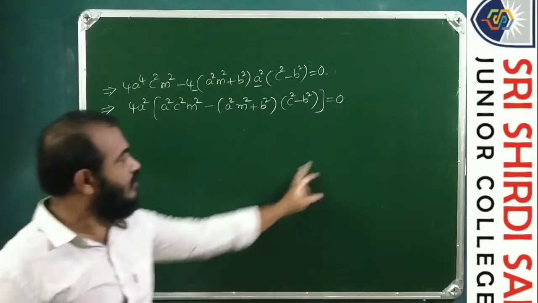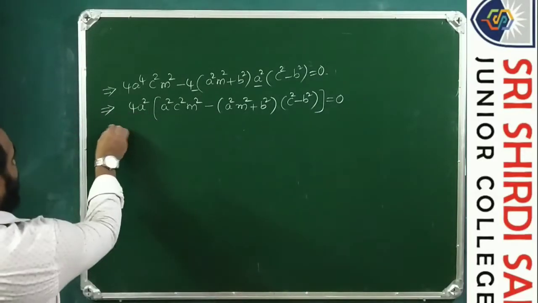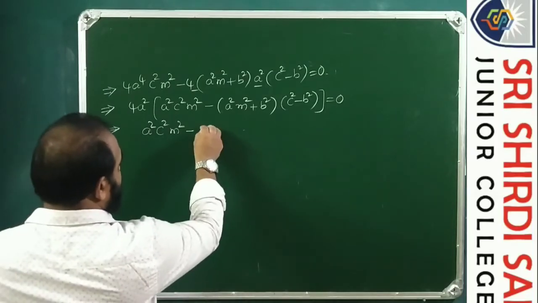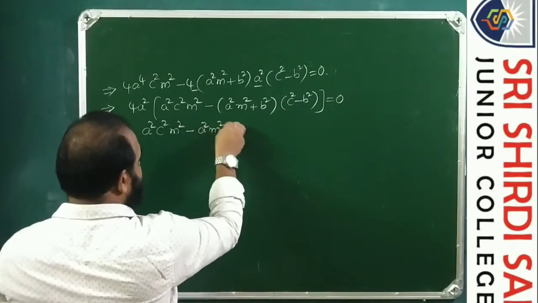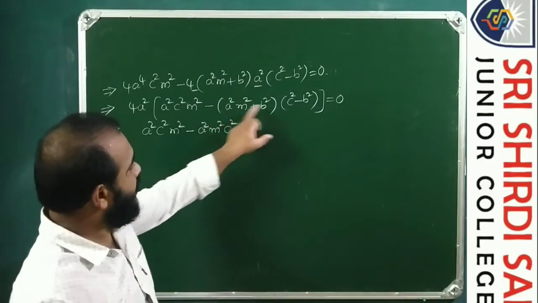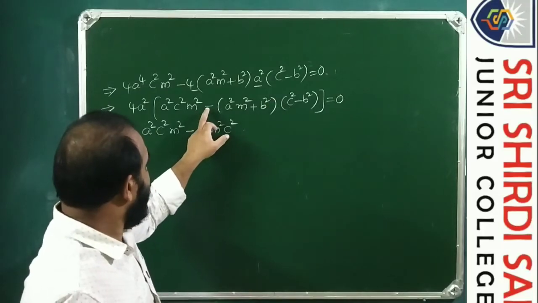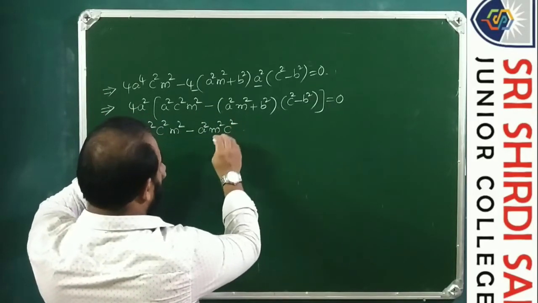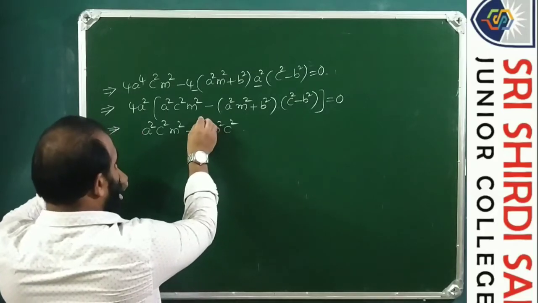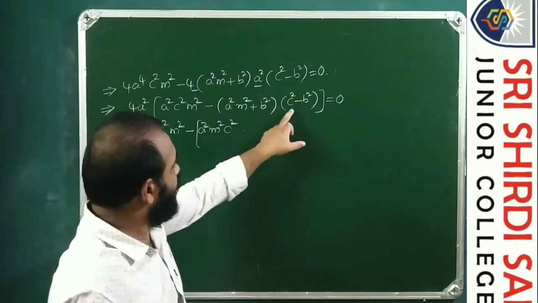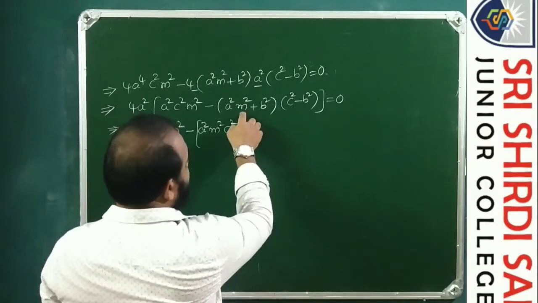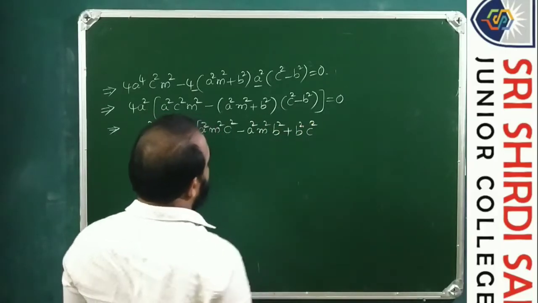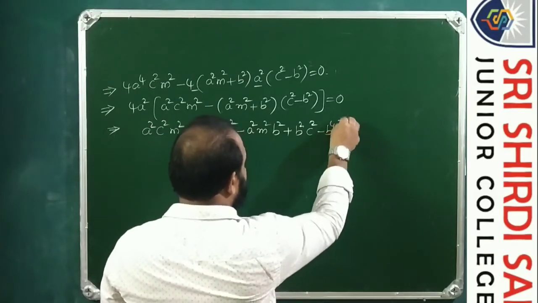The 4a square, if you transpose onto the other side, becomes simply 0. This implies a square c square m square minus a square m square c square, minus a square m square b square, plus b square c square, minus b power 4 equals to 0.